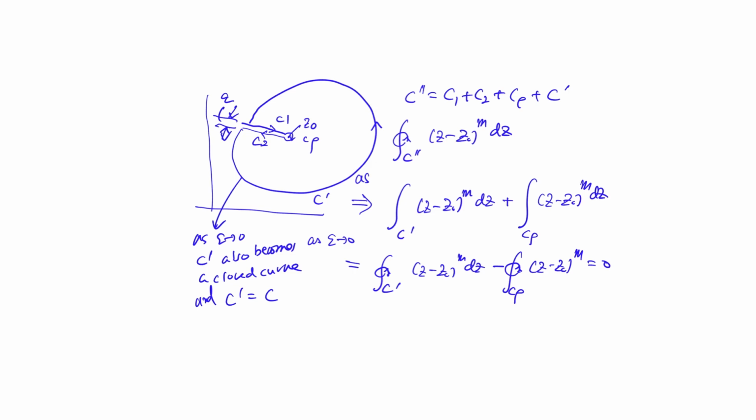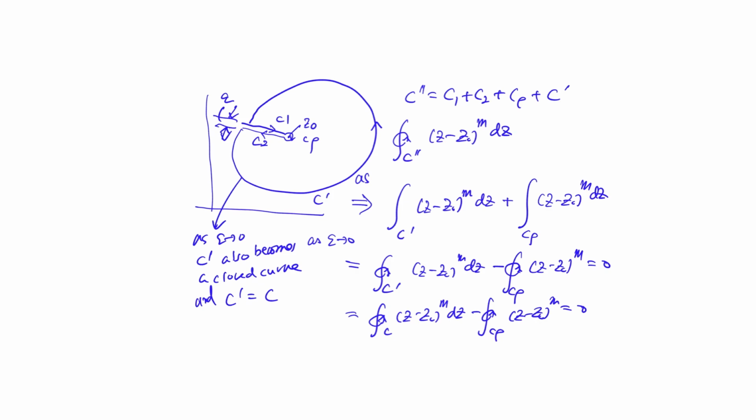So it becomes C dz minus 0 equal to 0. But this is a unit circle with a radius rho.